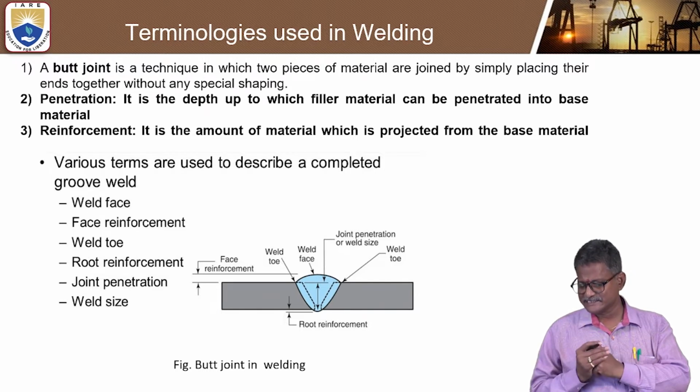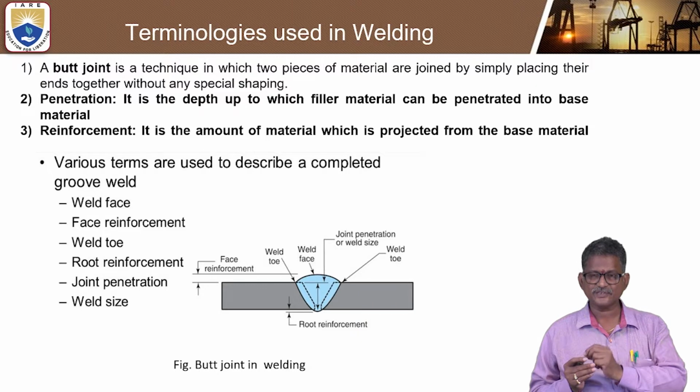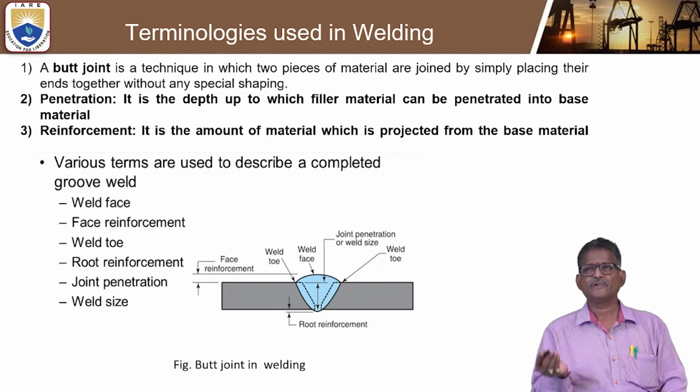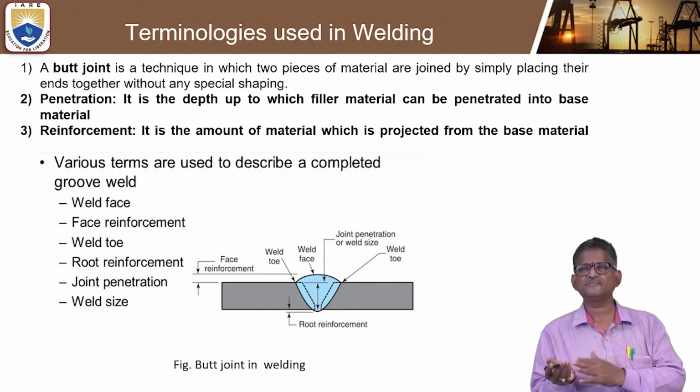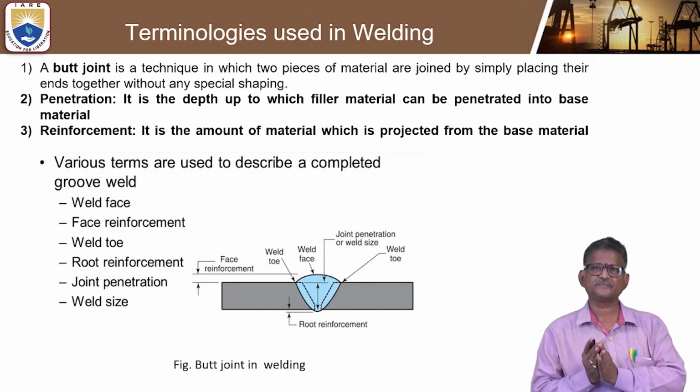process. As I discussed earlier, welding can be defined as the process of joining similar or dissimilar metals by adding filler or without adding filler metal, by application of pressure or without application of pressure and temperature. This is a common technical definition.